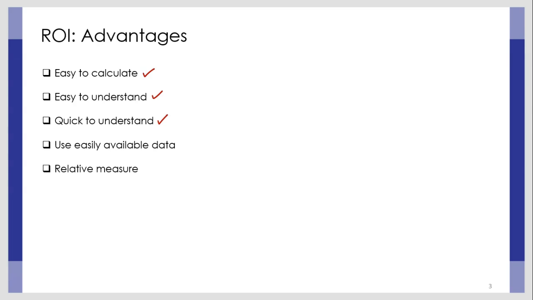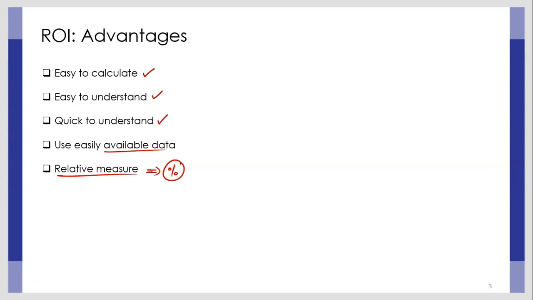Use easily available data. So basically, return on investment uses data which is publicly available. So you can calculate return on investment for any competitor as well because it uses the information which is available on published financial statements. And the last advantage is it is a relative measure. Yes, relative measure means any KPI which is expressed in percentage is a relative measure.